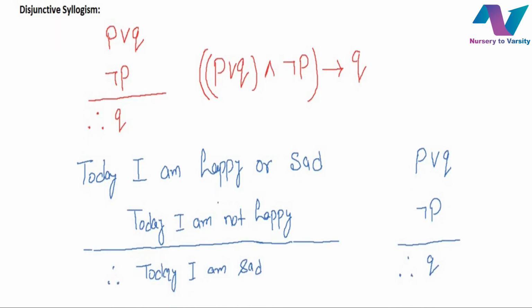Today I am happy is P, and sad is Q, and the negation of P would be today I am not happy. So we can conclude today I am sad. So this is the example of disjunctive syllogism.